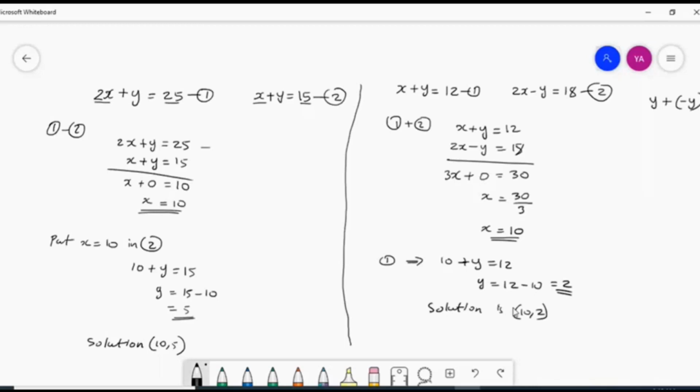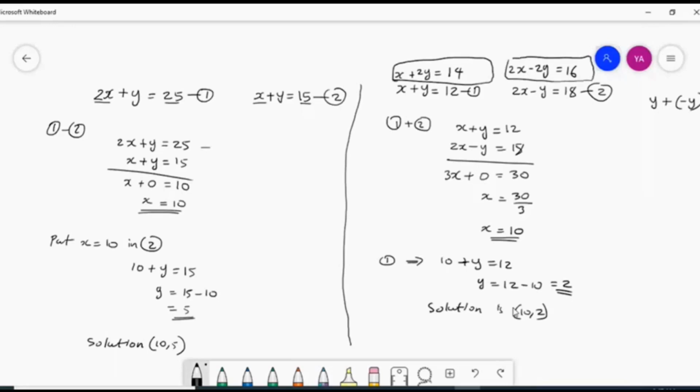Suppose we know the value x is equal to 10 and y is equal to 2. Suppose the equations are given like x plus 2y is equal to 14 and 2x minus 2y is equal to 16. These two are equation number 1 and equation number 2.